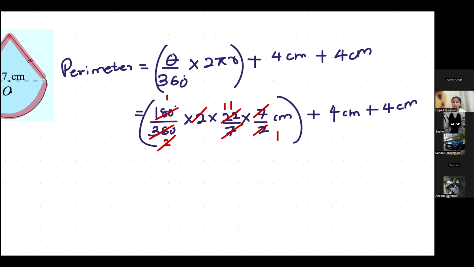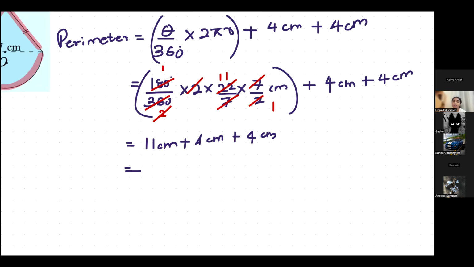So here 11 is left, 11 centimeters. Then outside we have 4 centimeters plus 4 centimeters. So 11 plus 4 is 15. 15 plus 4 is 19. We get the perimeter as 19 centimeters.